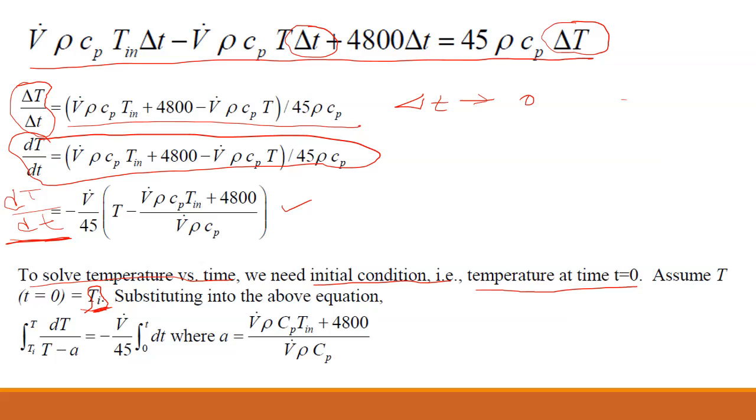Of course, we need that. Without that, we cannot solve anything. Substituting into the above equation, we get this one, and so now this has to be integrated between Ti and T. By the way, it looks more compact because I have substituted A for that big expression.